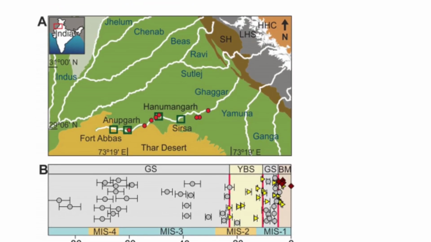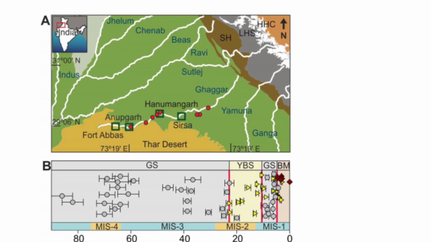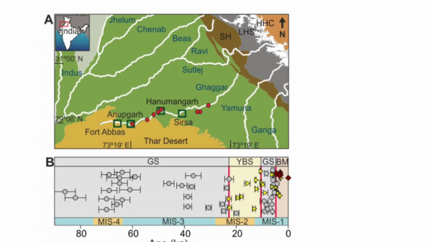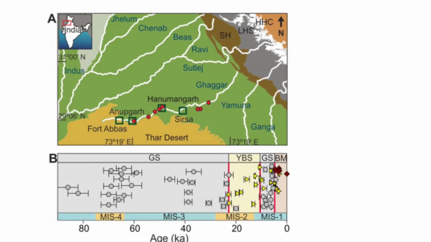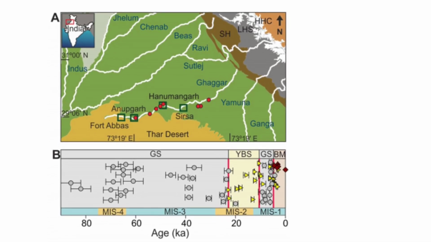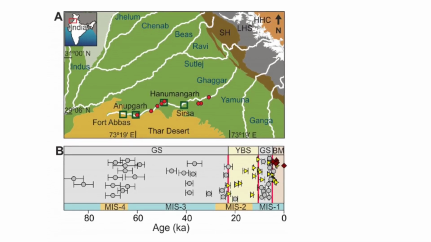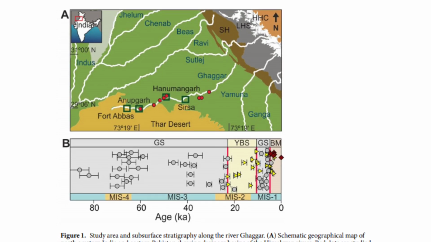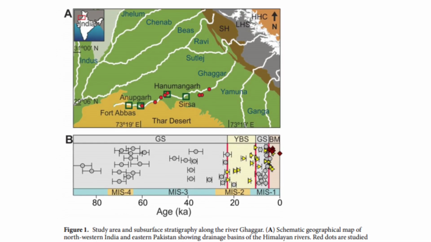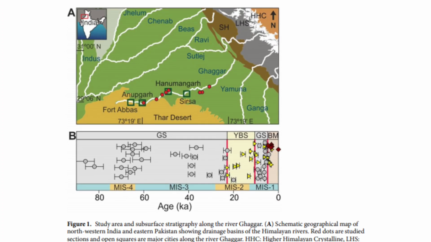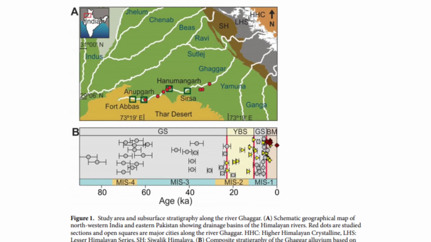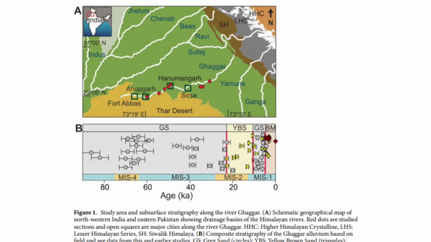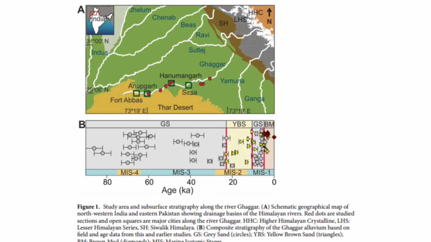Chatterjee got the following OSL dating of the sand horizon, and rounding numbers, it would be 36,000 years ago between Hanumangarh and Kalibangan, 19,000 years ago north of Kalibangan. However, a sample at Hanumangarh returned much more recent dates of 3,400 years, 4,000 and 6,500 before Christ or BCE.